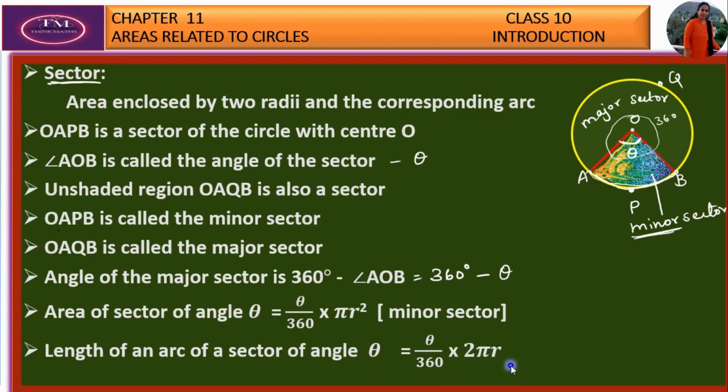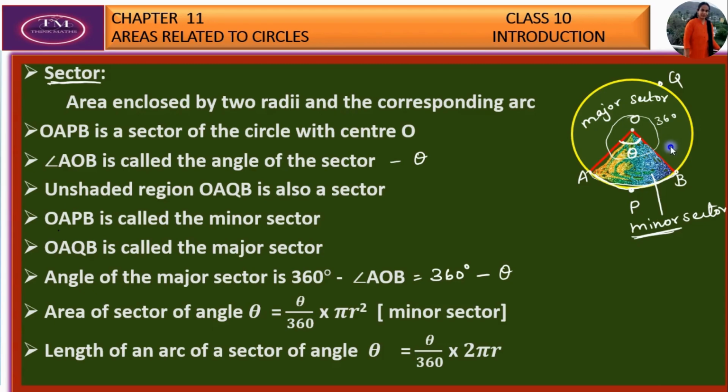Okay children, do you understand about the sector? A sector is the area enclosed by two radii and the arc between them. The area subtended by OA and OB is called the sector. By default, sector means the minor sector.